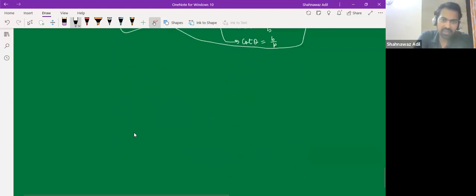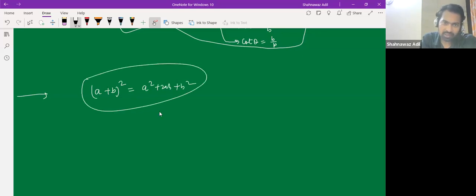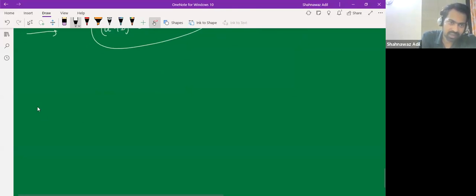Now we have three trigonometric identities, right? Just like the algebraic ones. In algebra we have these kinds of identities. Similar to these, in trigonometry we have some special identities, which relate different trigonometric ratios. The first one relates sine theta to cos theta.